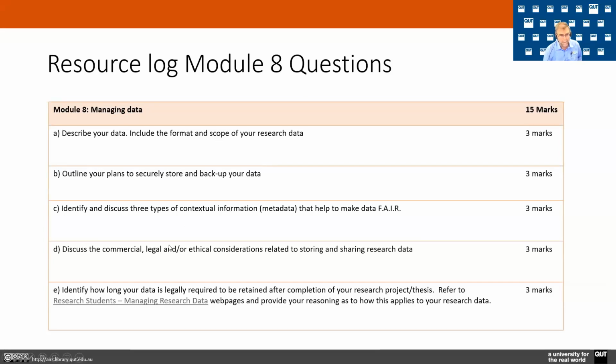But yes, there are very important commercial, legal, and ethical considerations about storing and potential reuse of research data. And the reuse of research data is certainly something we aim for, if at all possible, providing it doesn't breach research ethics, or the confidentiality of people participating as your research cohort, etc.